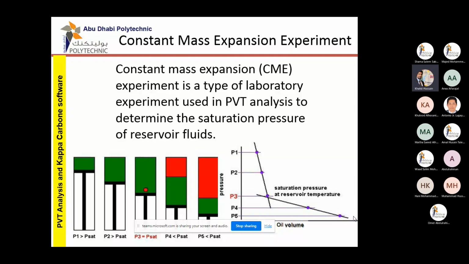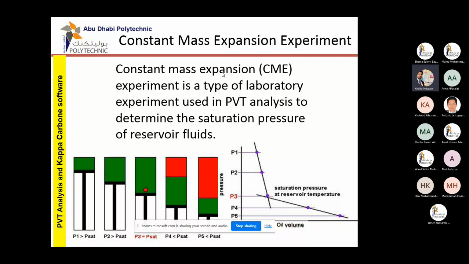And they send them to the lab. First, we do the bubble point at room temperature just to see which samples are more consistent. Then we run this test at the reservoir condition on the selected sample. Here it's written constant mass expansion, because we are not changing the composition and not removing anything, that's why this experiment is called constant mass expansion.